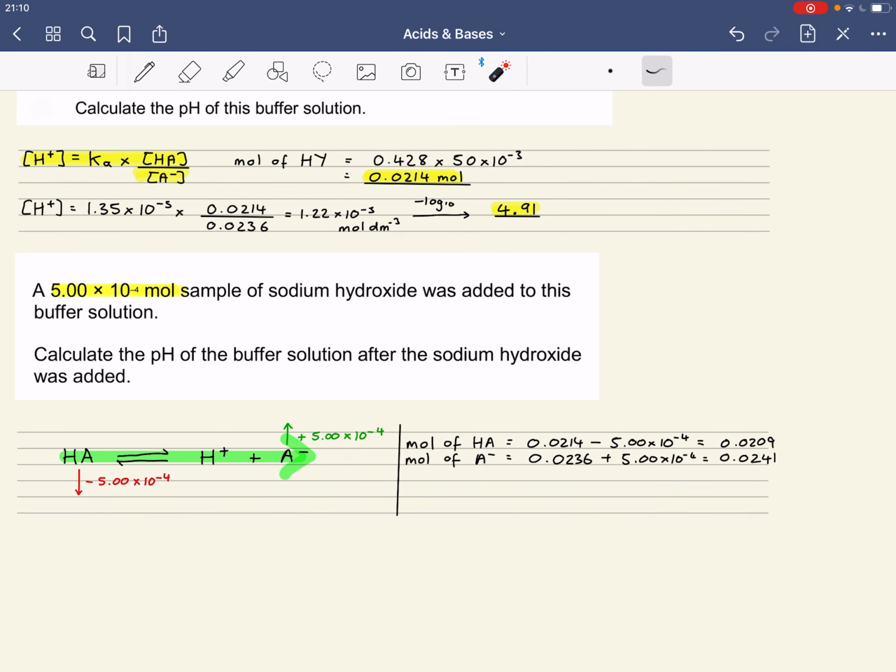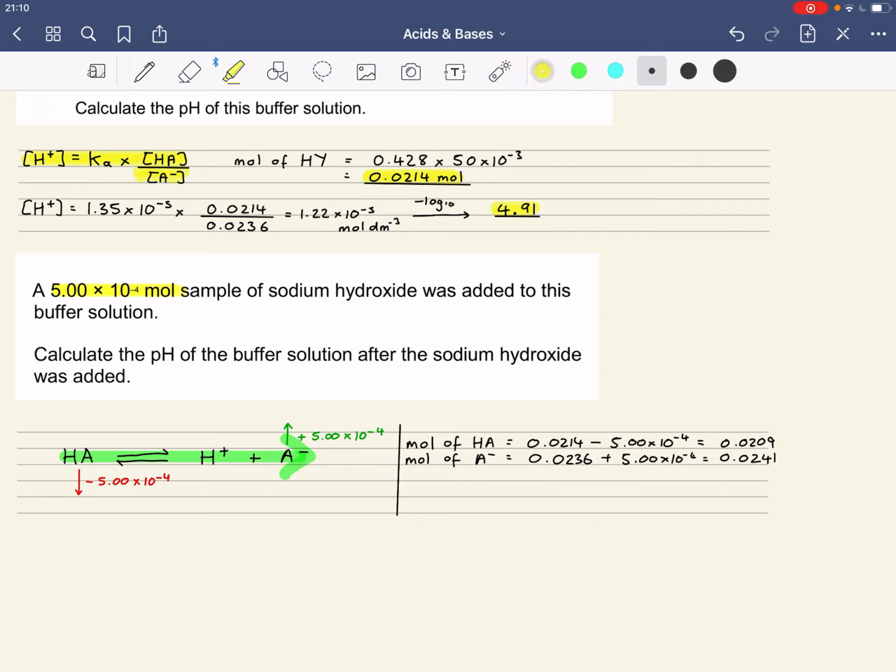We've said that my A minus will increase by 5 times 10 to the minus 4. My A minus originally was 0.0236, so it increases by this amount to give 0.0241. My HA, my weak acid, was 0.0214, and that's going to decrease by the amount of sodium hydroxide added.